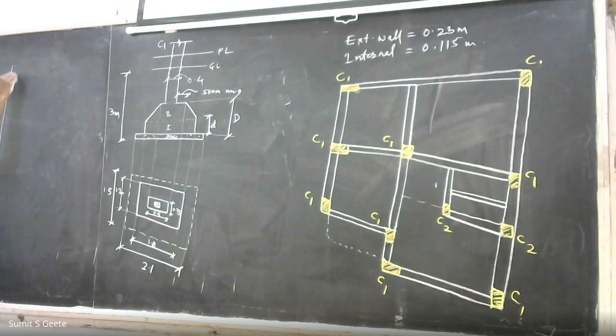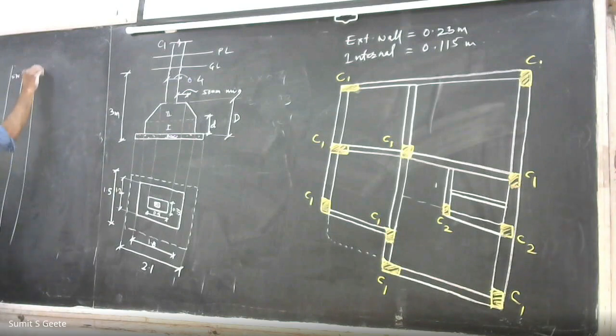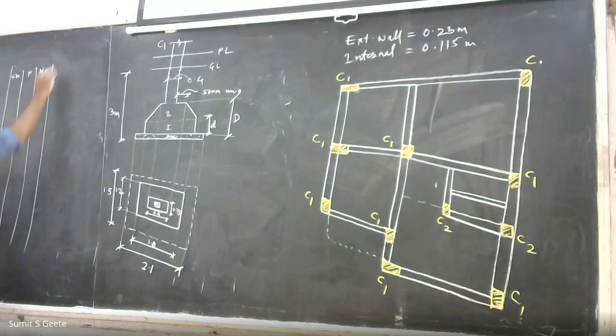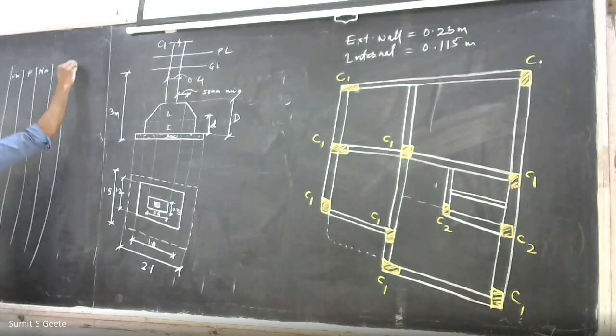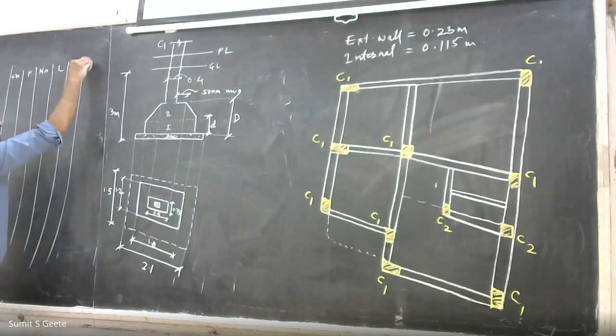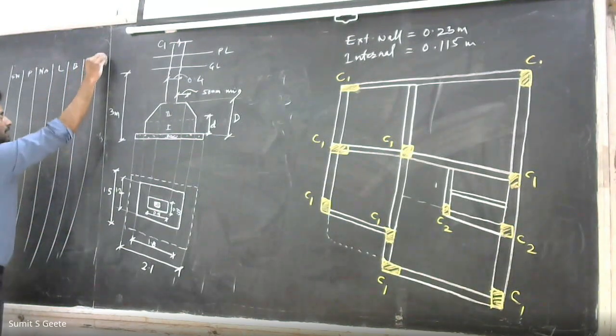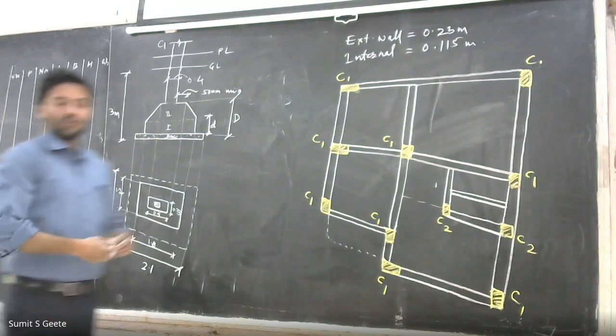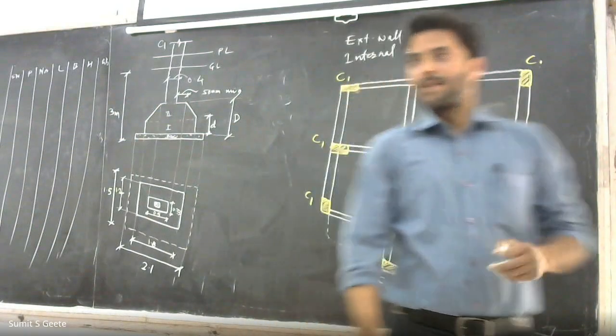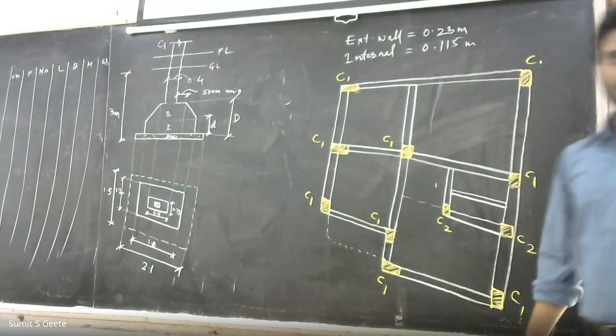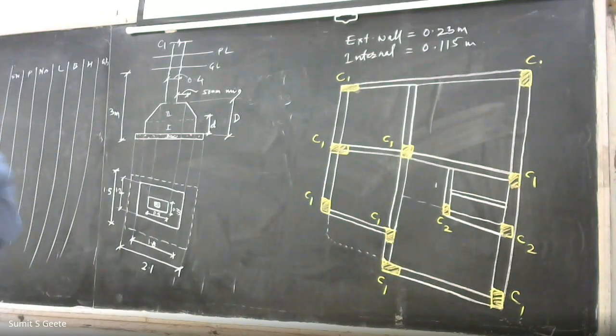Serial number, particular, number, L, B, H, quantity. We have the constraint of space. Here, the first element is excavation.